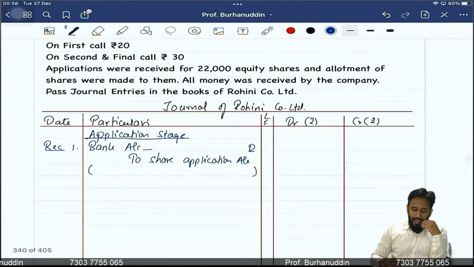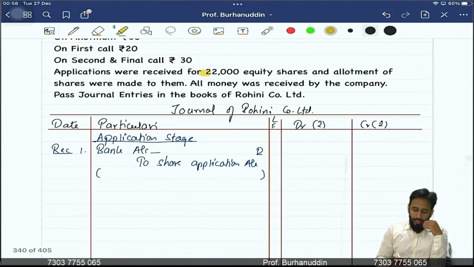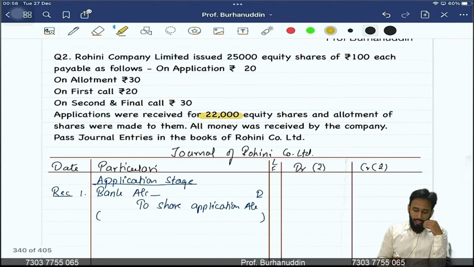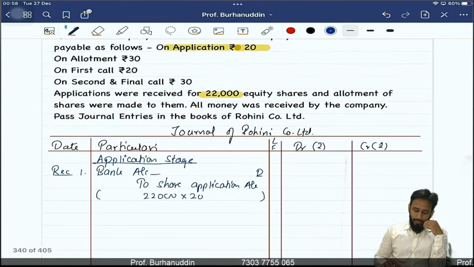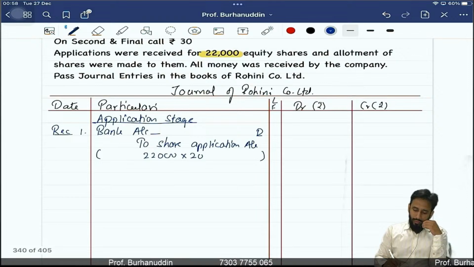I have received applications for 22,000 shares and I am calling 20 rupees on application, so the amount will be 22,000 multiplied by 20 rupees, that is 4 lakh 40 thousand.